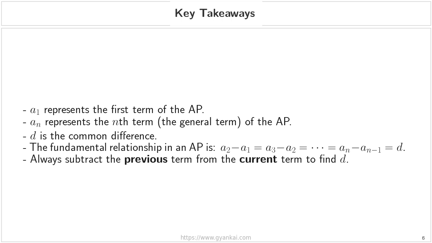Finally, a quick reminder to avoid the mistake we discussed earlier. When you are calculating the common difference, always subtract the previous term from the current term. If you flip them, you'll end up with the wrong sign, which can lead to errors in much more complex problems later on. Keep these notations in mind, and you'll be well prepared for our next session, where we will start using these to find specific values in much larger sequences.